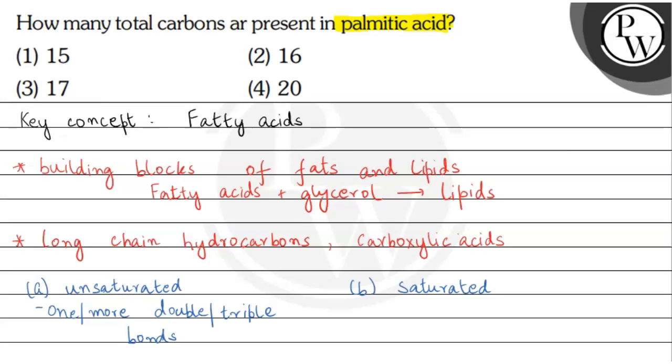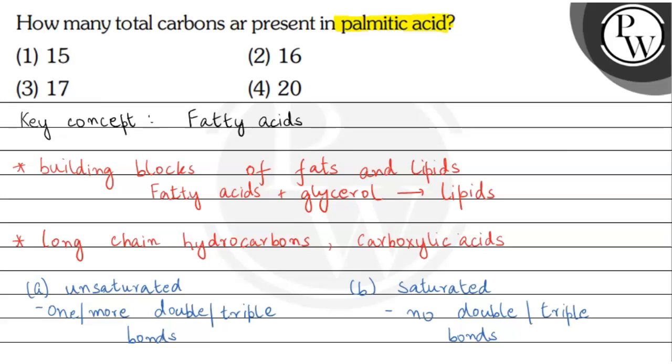But in the case of saturated fatty acids, there are no double or triple bonds present in the hydrocarbon chain. So this is how saturated and unsaturated fatty acids differ from each other.